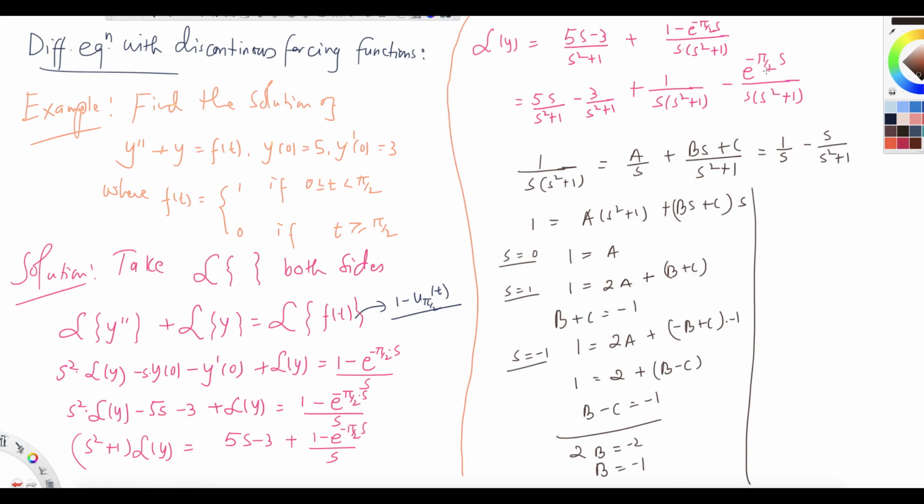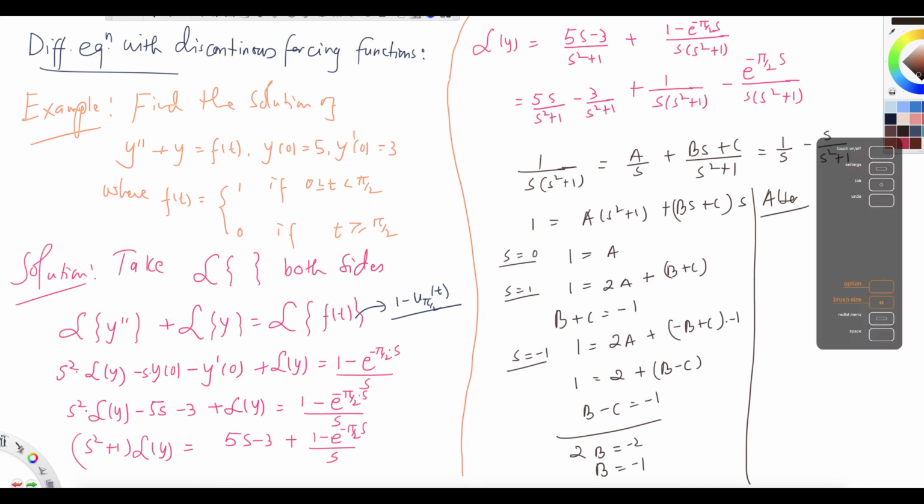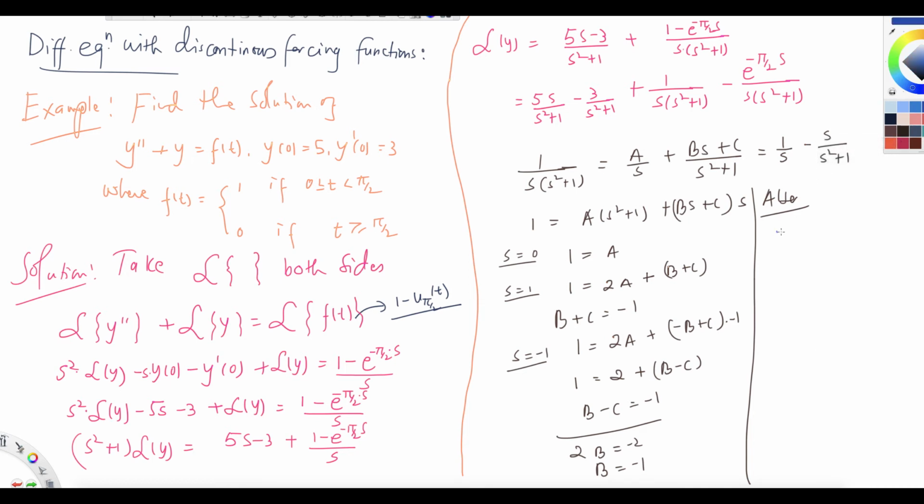Similarly, you can write e to the negative pi over 2s times 1 over s times s squared plus 1 as e to the negative pi over 2s, and then 1 over s minus s over s squared plus 1. That's what you write, right?